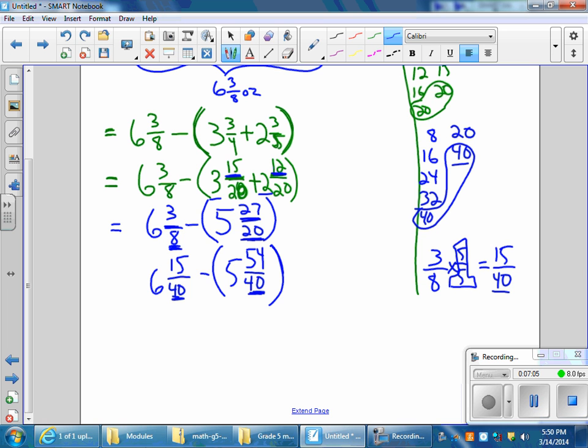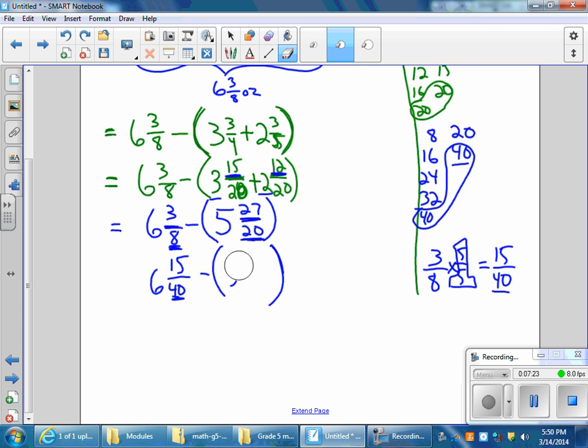Okay? Now some of you are saying, but you have an improper fraction there. Yes. You can continue working this way and then convert back to the mixed number at the next step. Or convert before changing that to the least common denominator. You look here and you have 27/20ths, which would, in my head, be 20/20ths and 7/20ths.